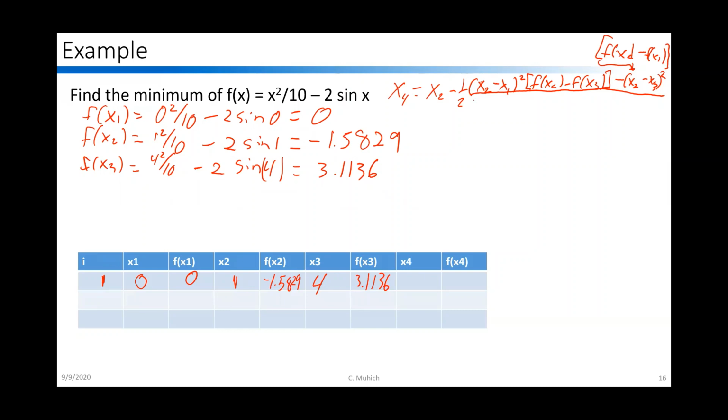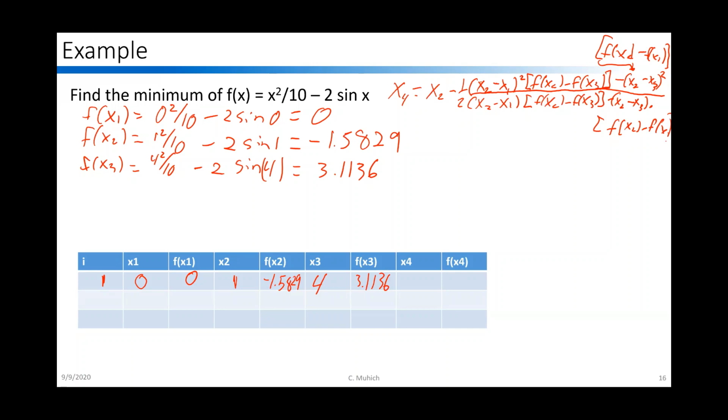Then on the bottom, we have (x2 minus x1) times (f of x2 minus f of x3), minus (x2 minus x3) times the quantity (f of x2 minus f of x1).